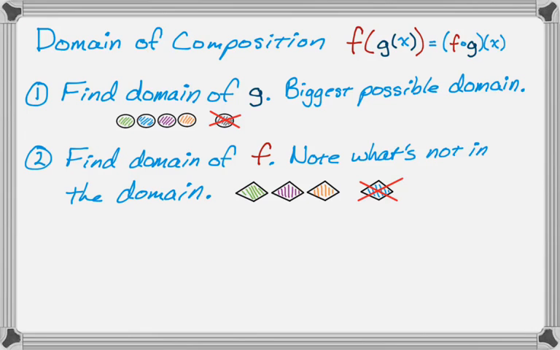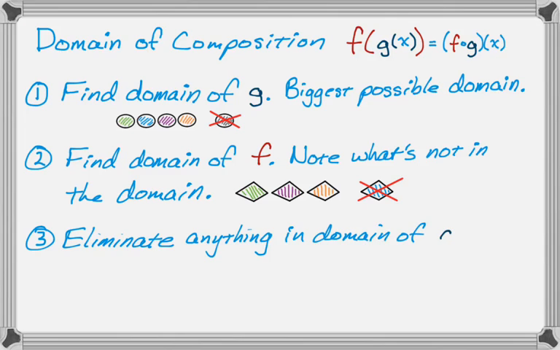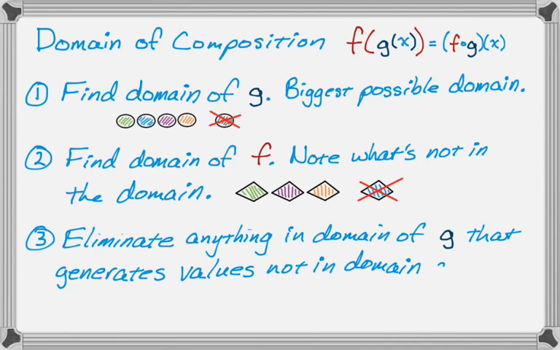And since blue was out, we need to go and figure out what created that blue diamond. So we figure out what creates the blue diamond, or whatever's not in the domain of f, and we want to eliminate it, right? So what we're trying to do is get rid of anything that created a blue diamond for us.